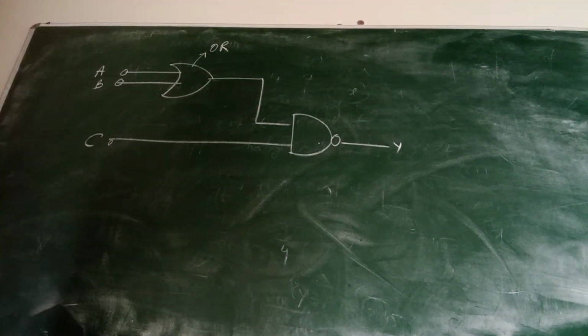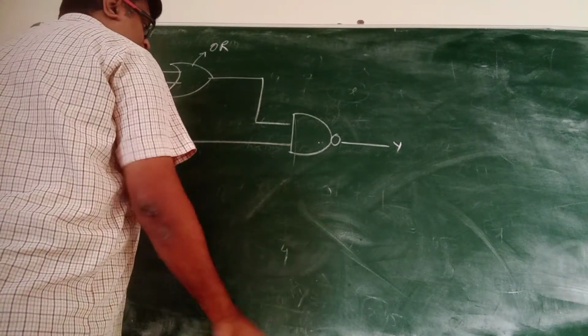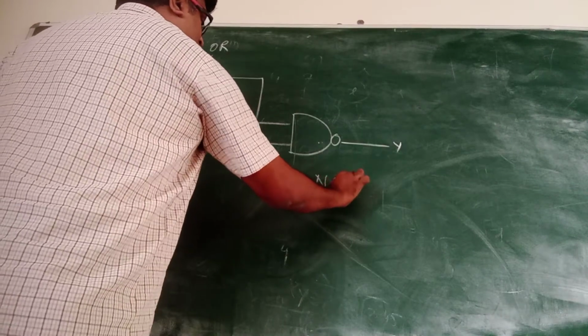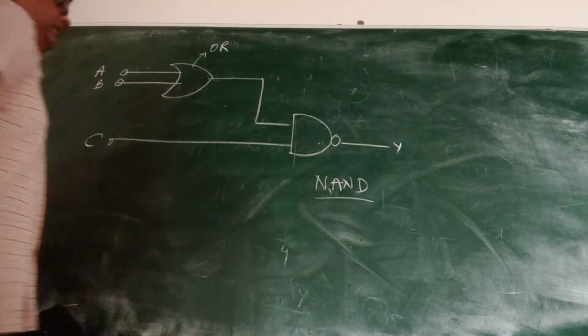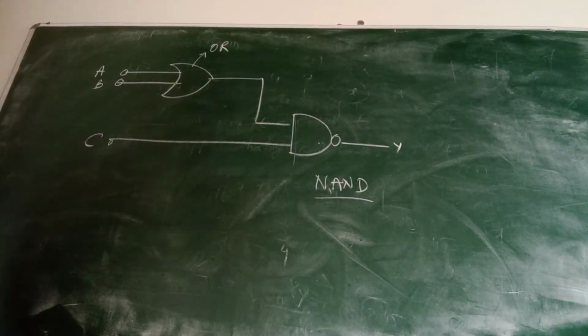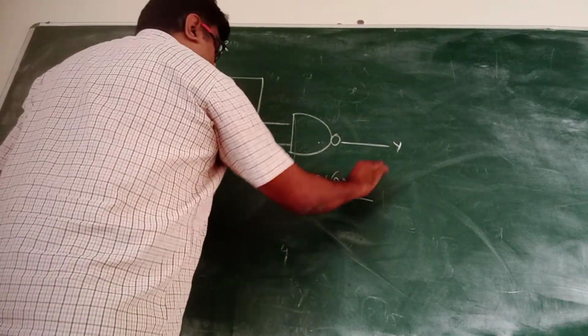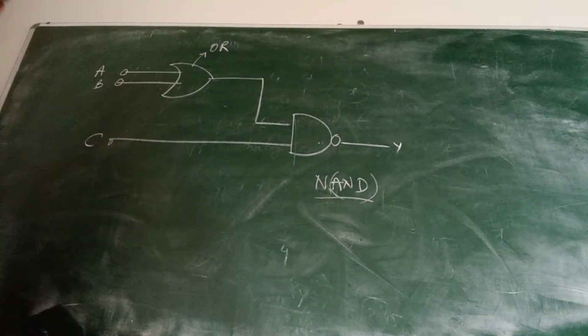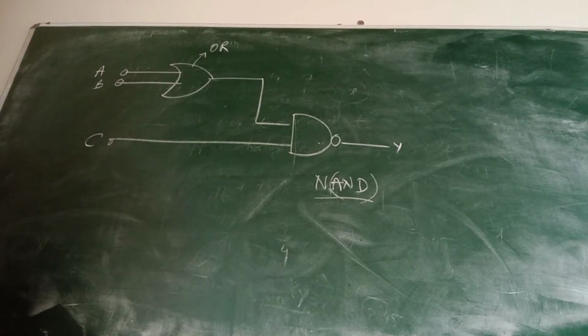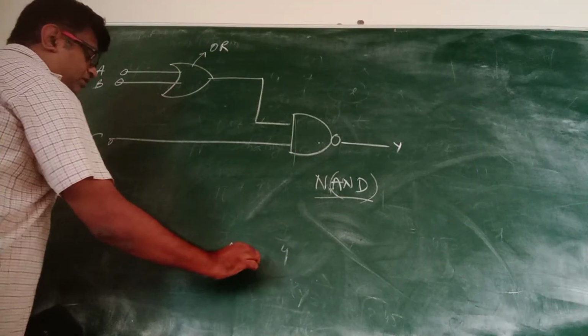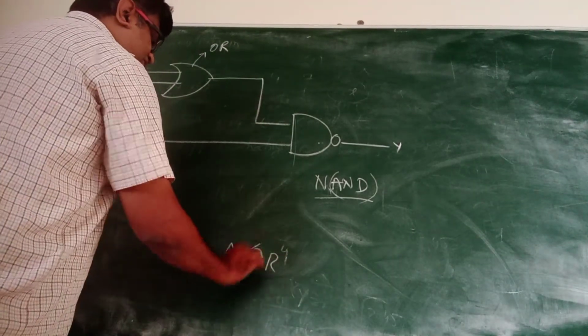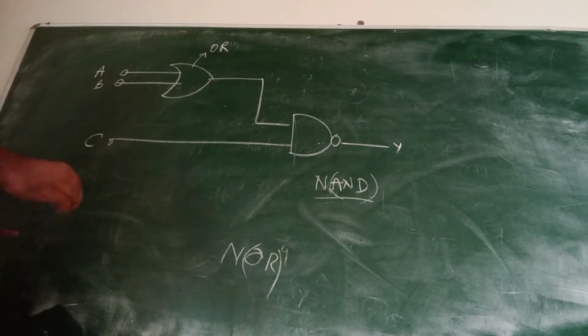If there is a circle and this line is straight, then this is a NAND gate. Okay. In the case of a NAND gate, always see what output AND is giving and just reverse it. Same is the case with NOR also. If you come across NOR, see what output OR is giving and just reverse it.